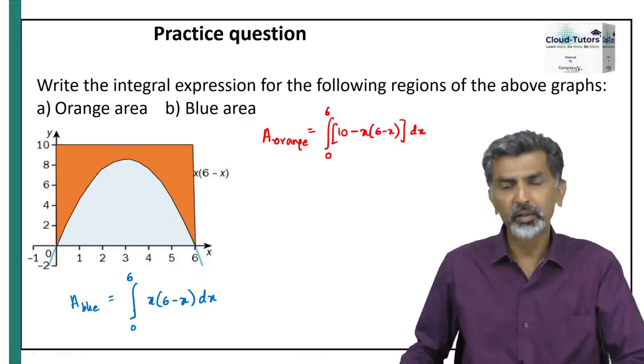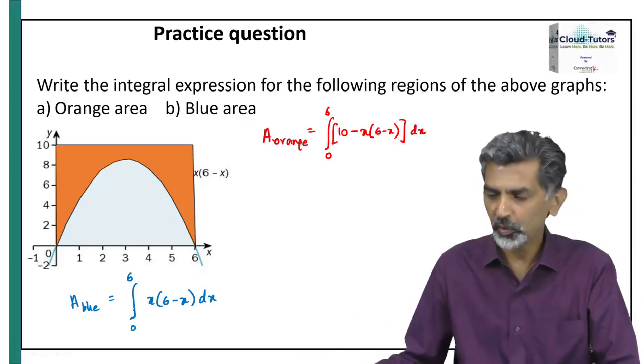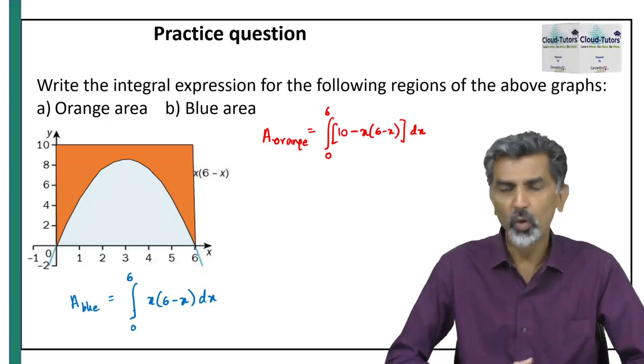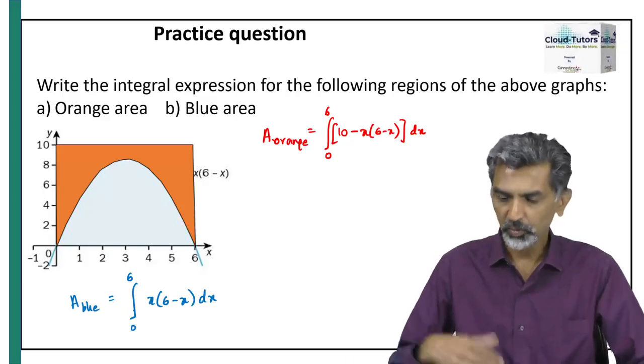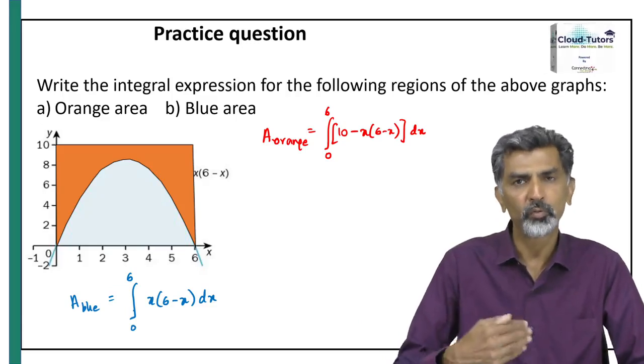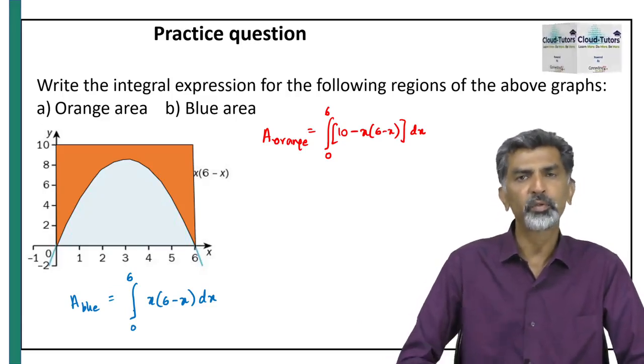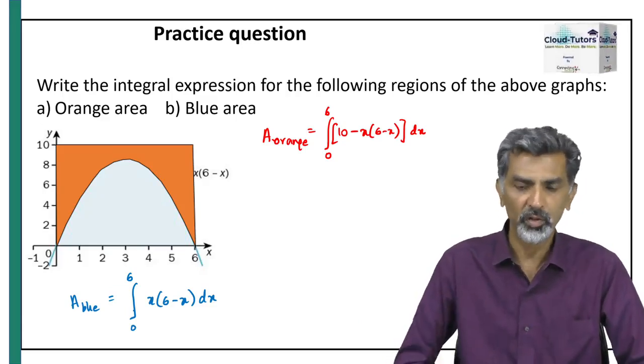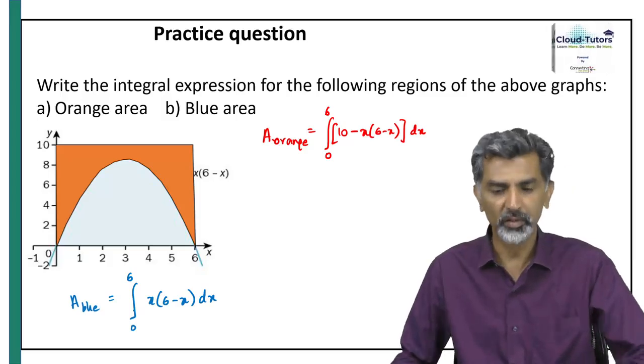So by integrating it, and integrating that is not very difficult, you will get the area of the orange region. So this is how you can apply the principle of identifying the upper part of the region and the lower part of the region and using it in integration.